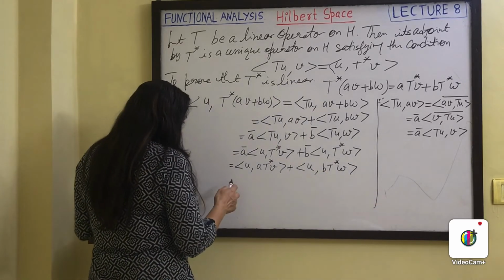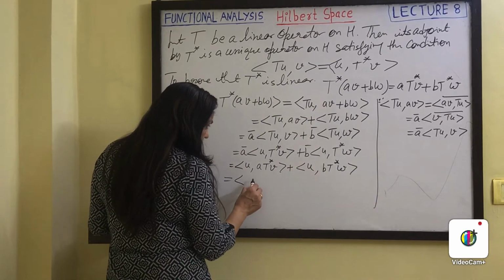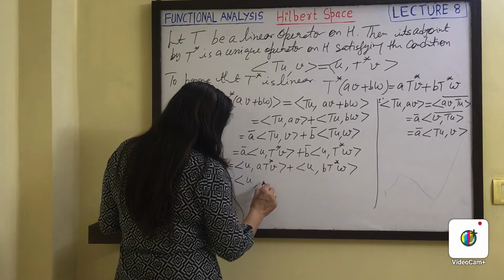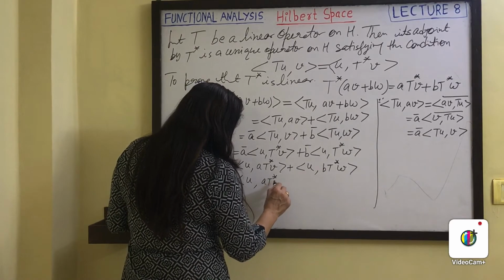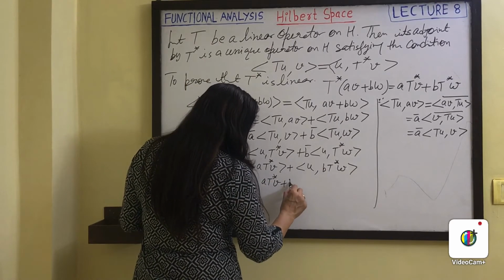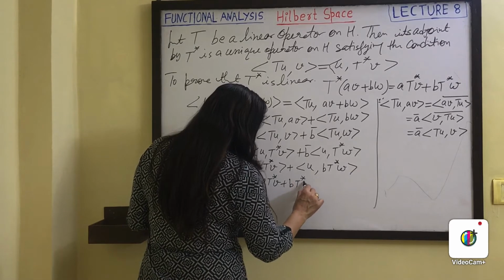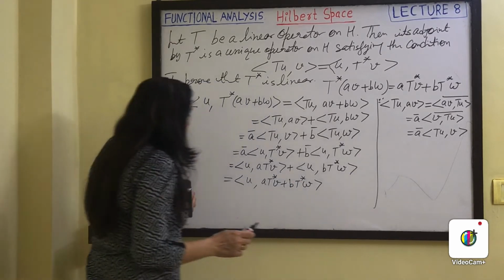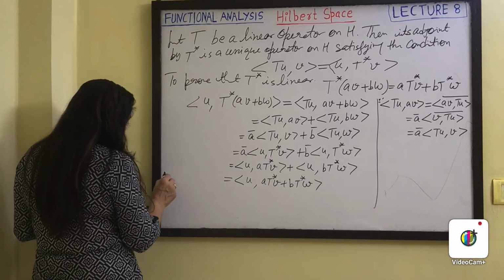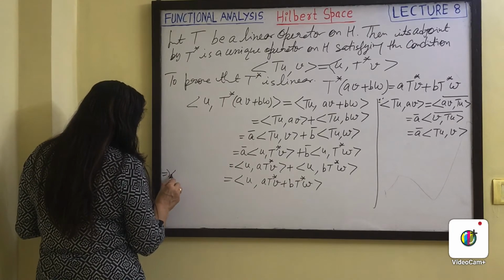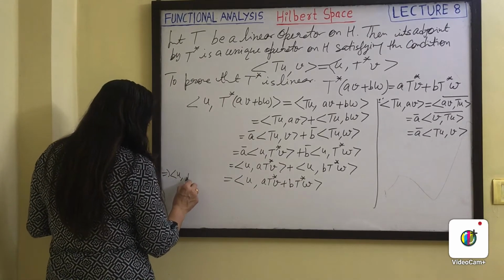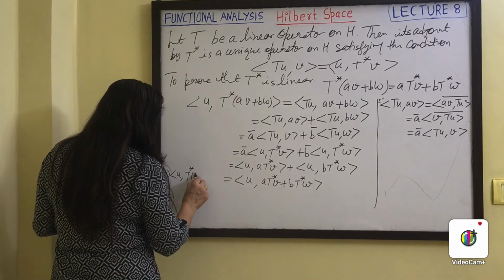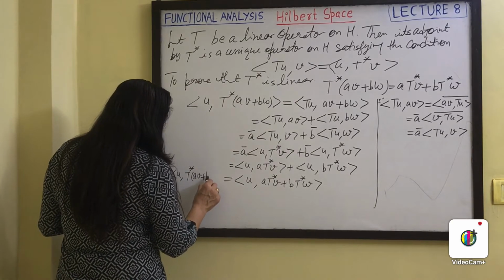Now it can be written as the inner product of u comma a T*v plus b T*w. Okay, the left hand side is the inner product of u comma T* of a v plus b w.